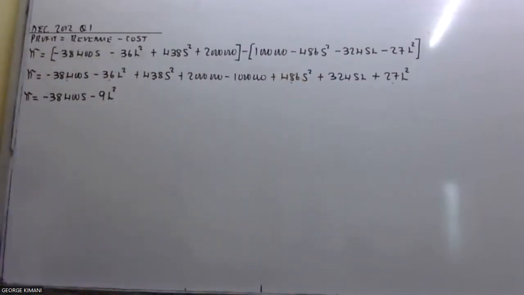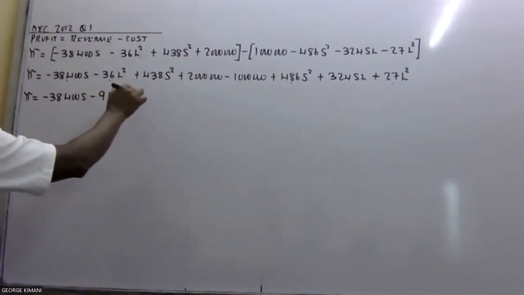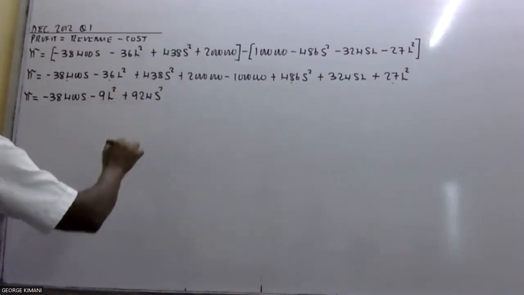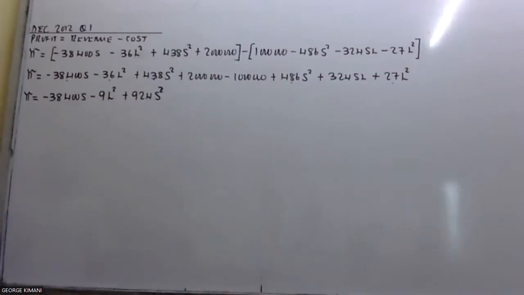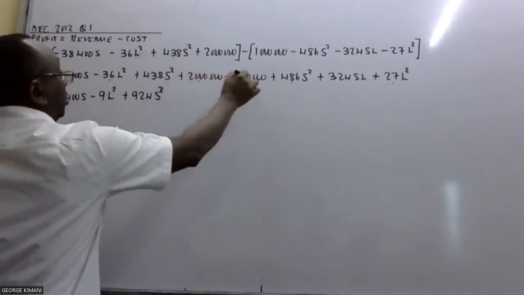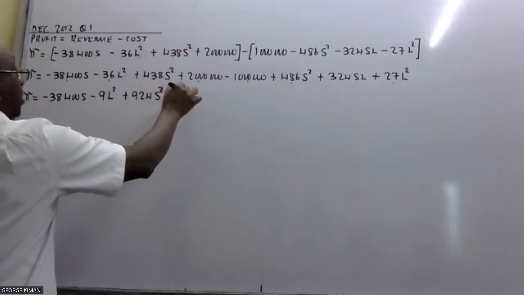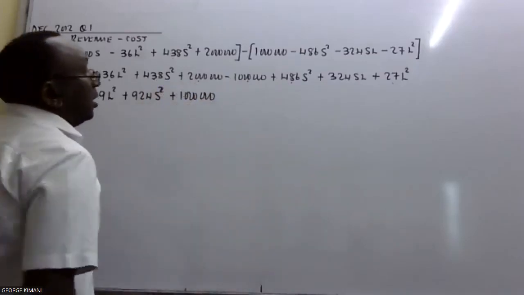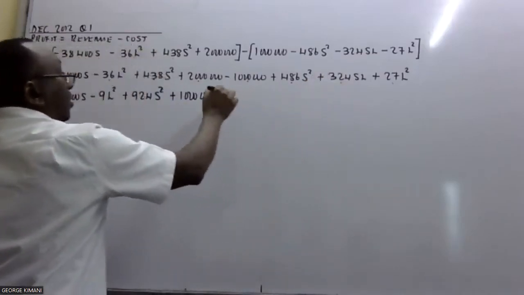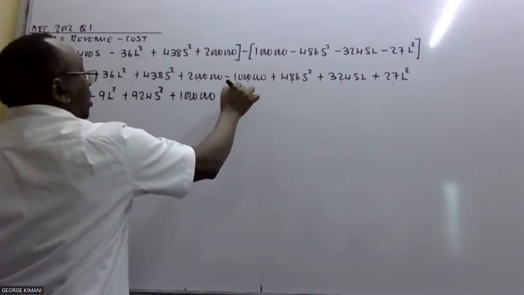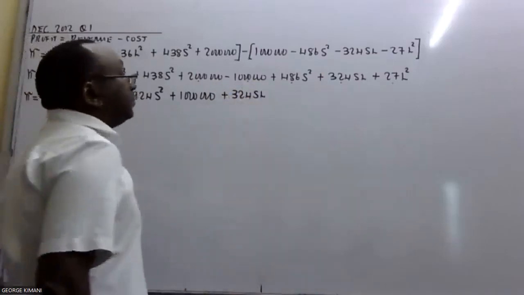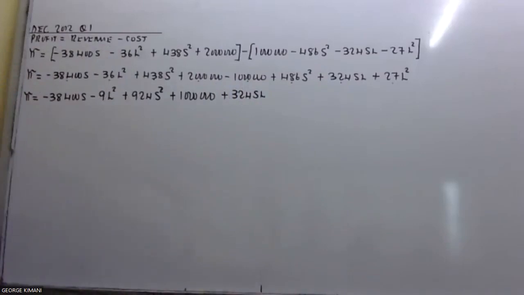So 438 plus 486 gives 924S squared. This 2 million joins this 1 million, so we are left with 1 million. This 324 has no partner, so plus 324 SL. So that is what we call the profit function. They tell you to develop a profit function, that is the profit function.